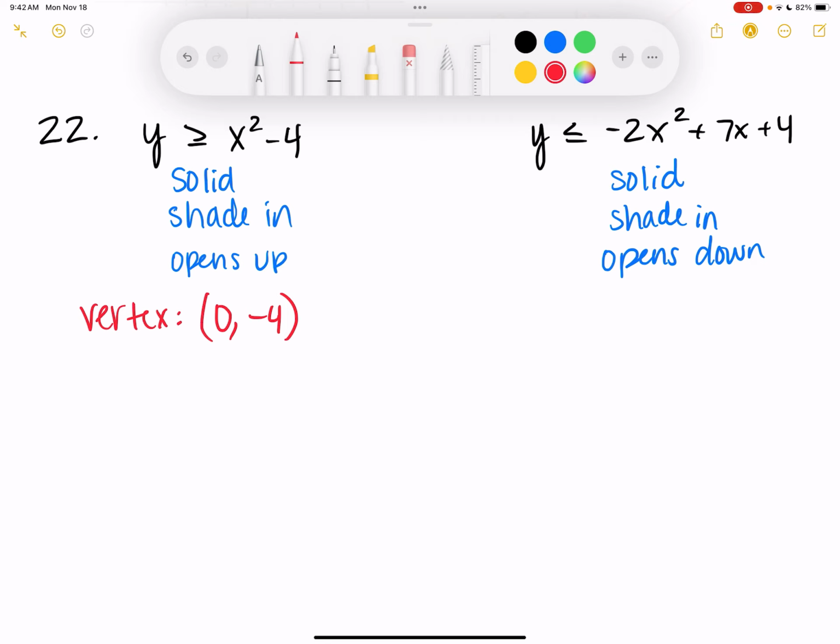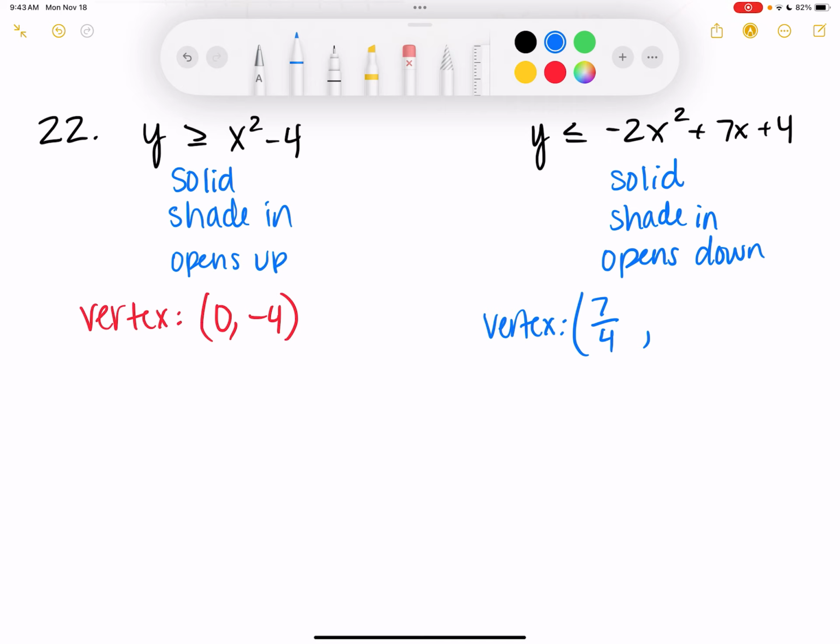What about this one over here? 7 over negative 4, which is positive 7 over 4. We have to substitute it until we get our y.